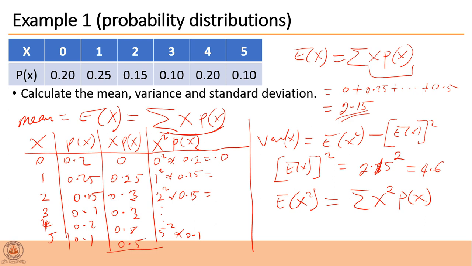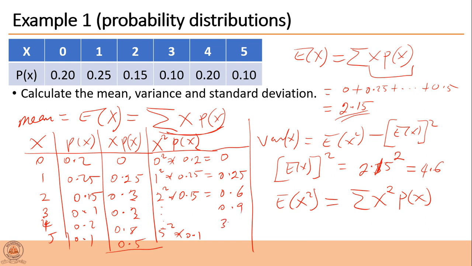If we do it correctly, 0 multiplied by any number, we should be getting 0. So 1 squared is still the same 1, so our value here will not change. 2 squared multiplied by 0.15 will give us 0.6. Then 3 squared multiplied by 0.1 will give us 0.9.